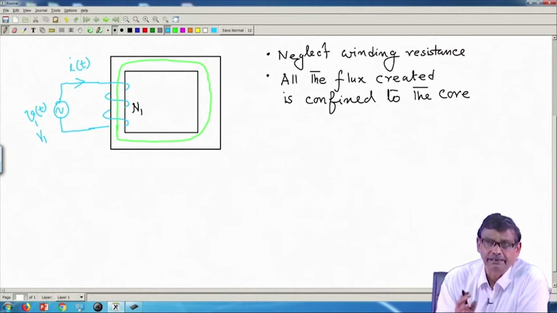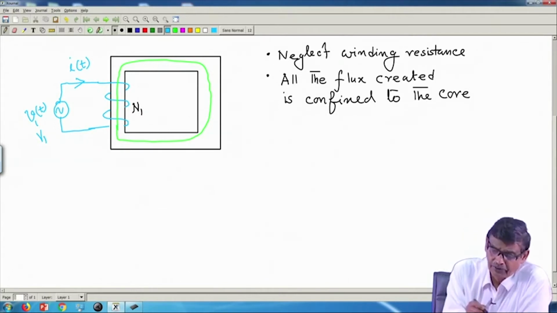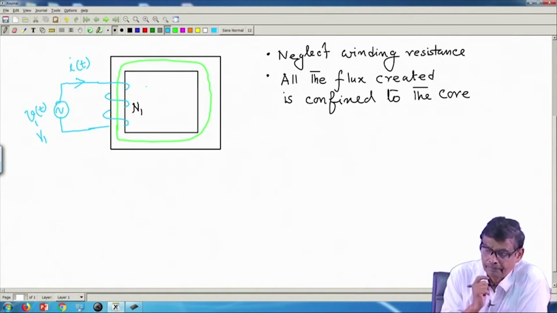That way one can think, but I will tell the same thing in a slightly different way. Suppose it draws current, and this current will also be sinusoidal. Why will it be sinusoidal? Because your supply voltage is sinusoidal, there cannot be anything else.